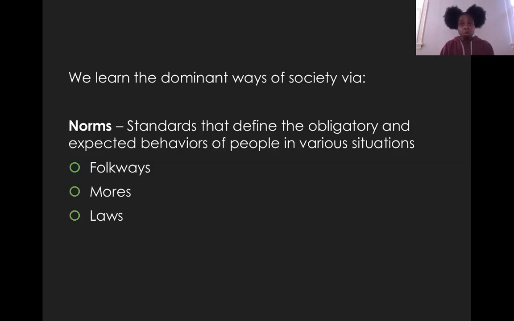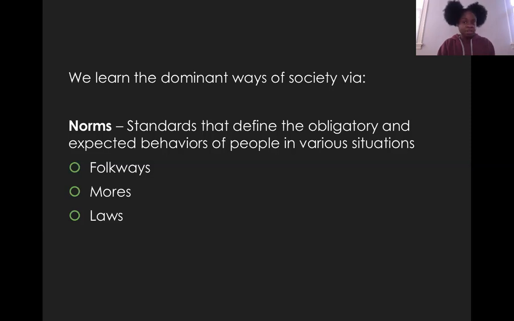Now, the more, which is another type of norm, falls in between folkways and laws. So it's more formal than a folkway, but less formal than a law. These are norms that you absolutely should abide by or absolutely should not abide by.